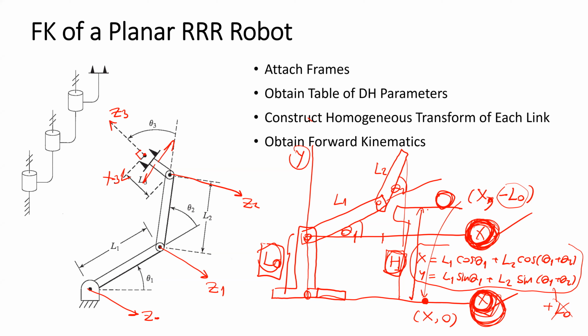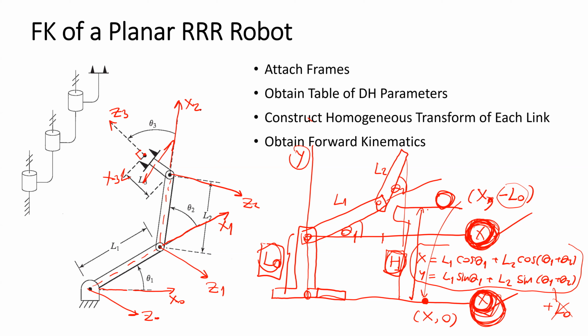You may attach the frame like this, and you may set the x-axis on the horizontal plane, and the y-axis will follow the right-hand rule. The mutual perpendicular between C0 and C1 will be the direction of x1. The mutual perpendicular between C1 and C2 will be the direction of x2.